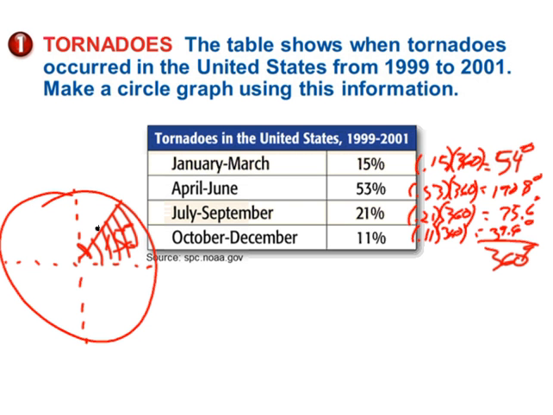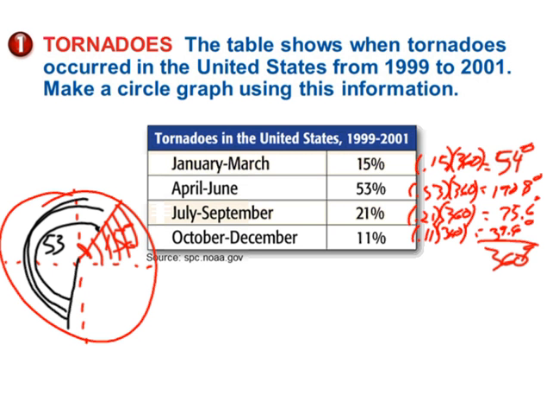So that's a little bit more than a straight line, about 10 degrees more than there. So let's go to about right there. And all of this region would represent the 53% of April to June.